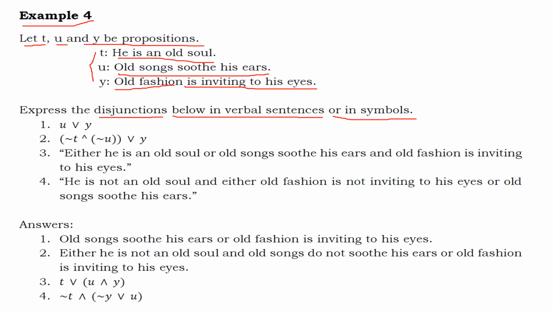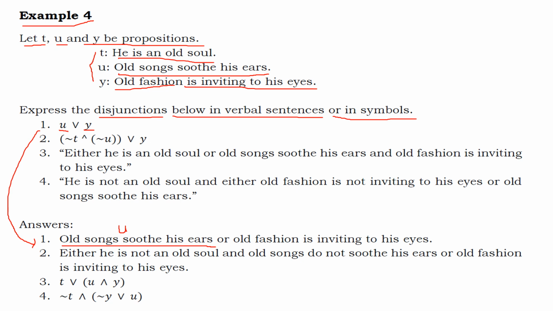For the first one, let's express this one in words since the given is in symbols. For number one, your U or your Y. So there's an involvement of your propositions U and Y. As you can see in this answer, we just simply copy your proposition U here. All songs suit his ears. So that will be your proposition U. Then again, there's no involvement of negation and conjunction.